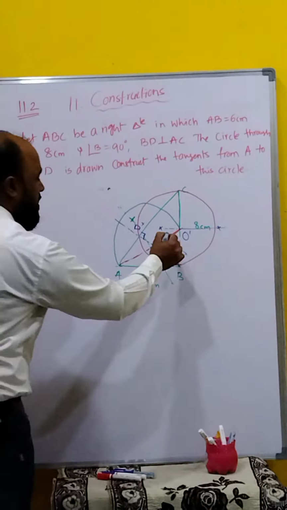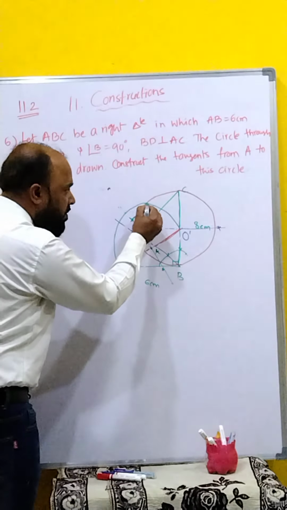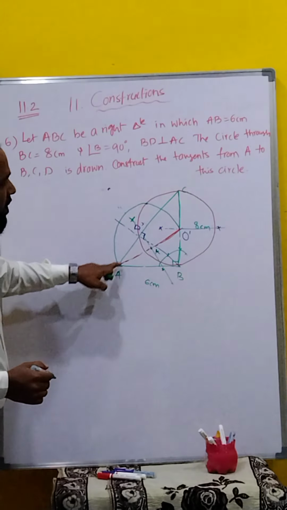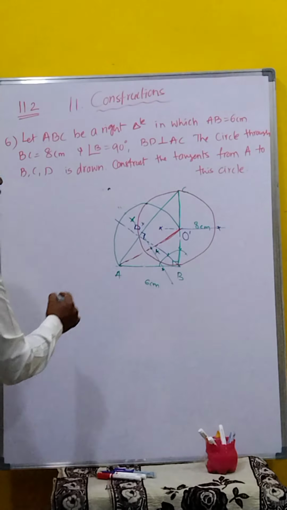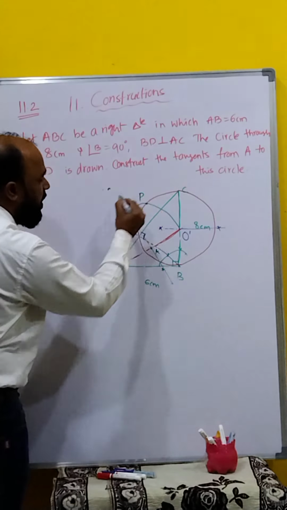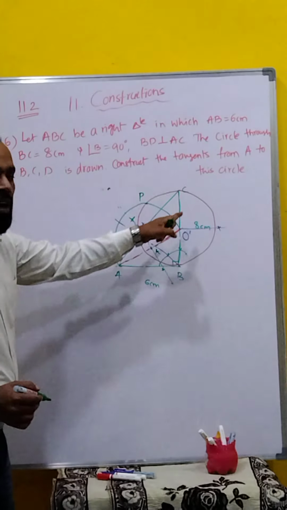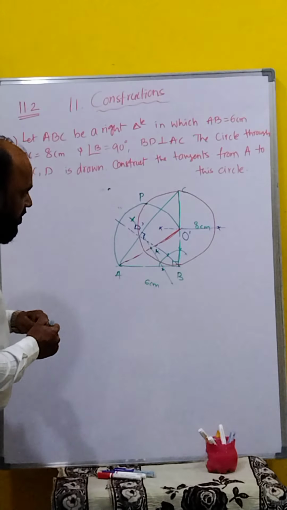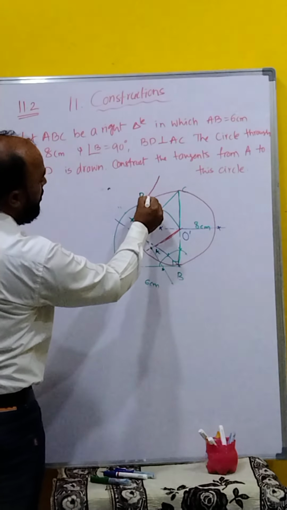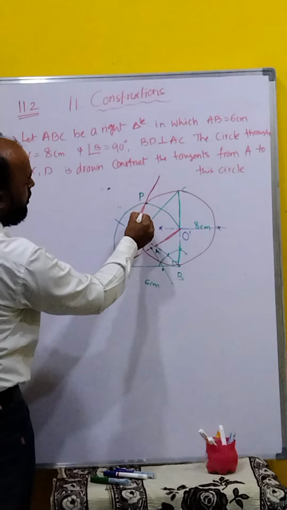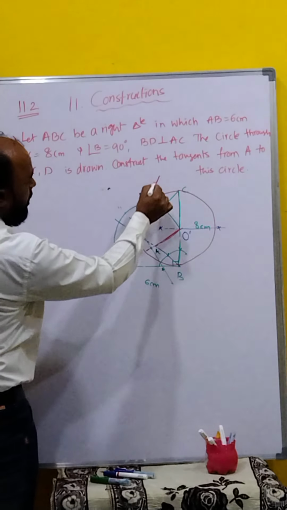You observe that this semicircle and the previous circle are both intersecting at some point here. Suppose you select this as P. Then from A to this point draw the tangent.